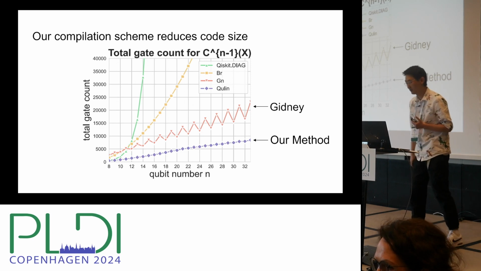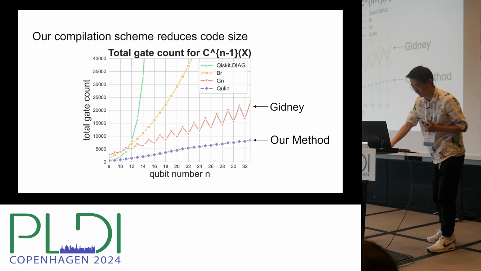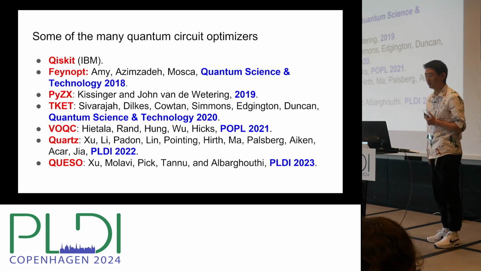Okay. So I was surprised with the list of optimizers, and you said that VOQC was actually the most efficient. And VOQC is basically an implementation of Nam et al.'s compiler from a few years before that.